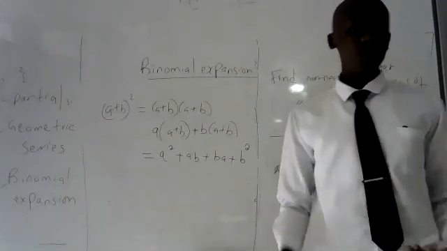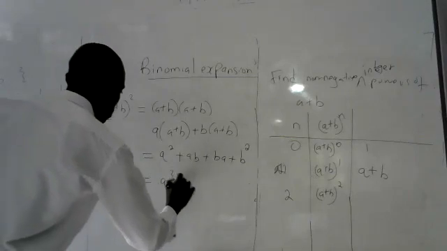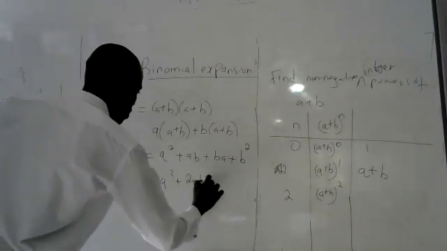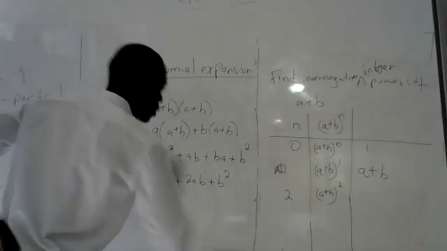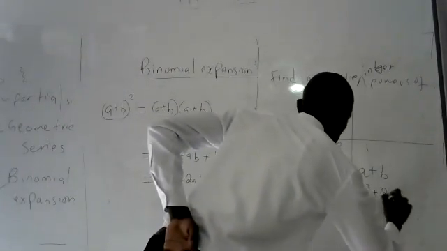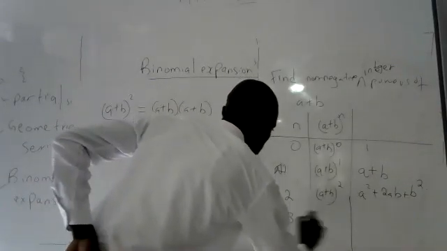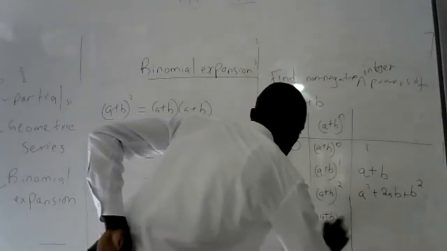It doesn't matter which one you start with. So this is simply a squared plus 2ab plus b squared. We will stop at 3 and then we generalize.